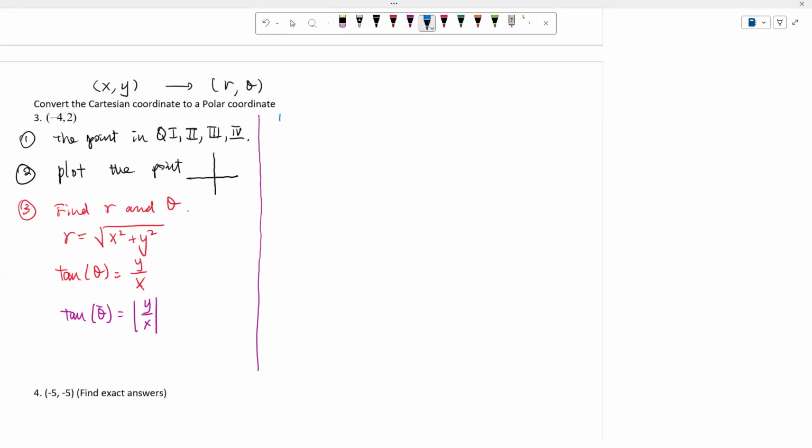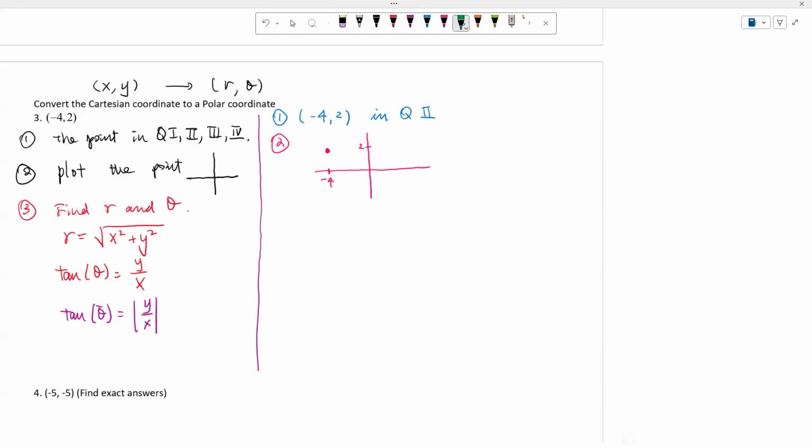Okay, so then now we know that -4, 2 is actually in quadrant 2. Okay, so -4, 2. So we have this point.